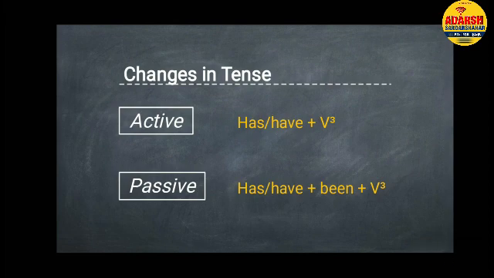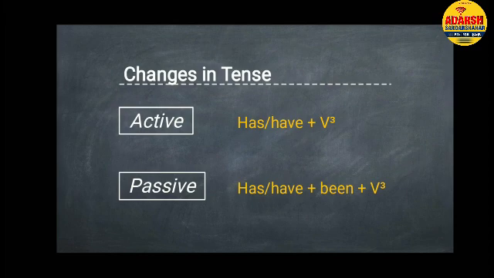In active voice, the helping verb is has or have plus the verb's third form, while in passive voice it's the same, but here we add been. So in passive it is has or have plus been. With a plural subject we use have, and with a singular subject we use has. Both are the same, but in passive we add been.